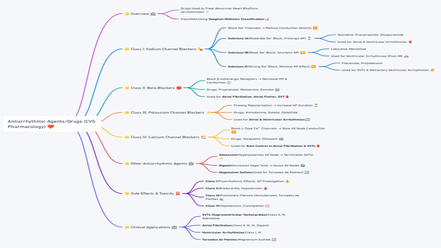Dronedarone, which is an analog that lacks iodine atoms, is for the treatment of atrial flutter and fibrillation, and celivarone is another non-iodinated benzofuran derivative, similar to dronedarone, that is for the prevention of ventricular tachycardia recurrence.